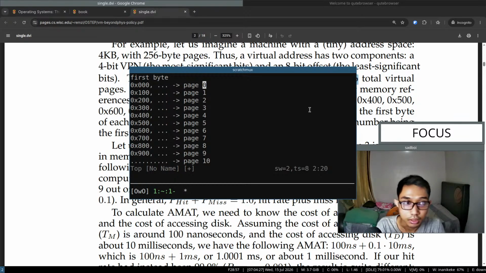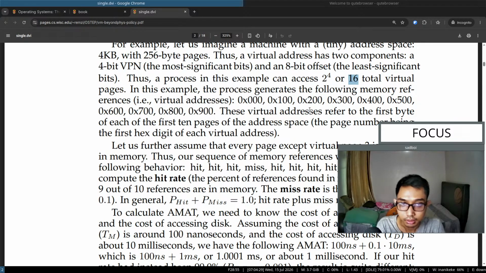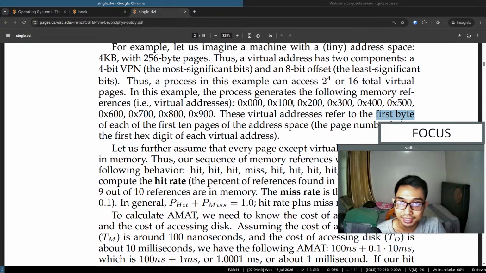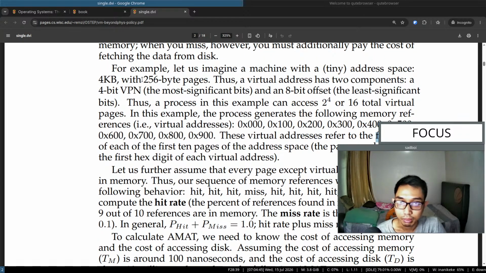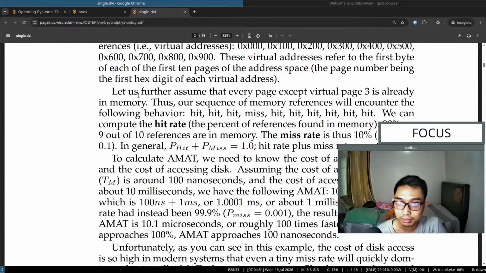So we have 16 pages, but we only have 10 pages of information here. And even for those 10 pages, only the first byte. So we have around 255 bytes to go, I guess.